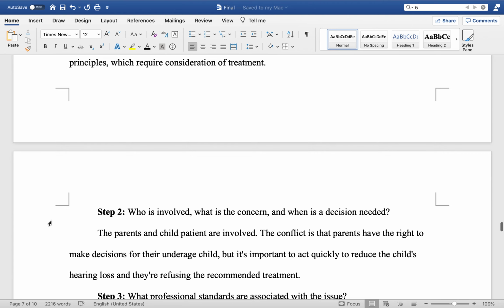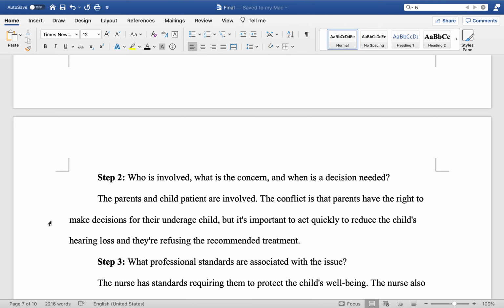Step two: who is involved, what is the concern, and when is the decision needed? The parents and the child will be involved. The conflict is that the parents have the right to make decisions, but it's important to act quickly to reduce the child's hearing loss, and they refuse the recommended treatment.